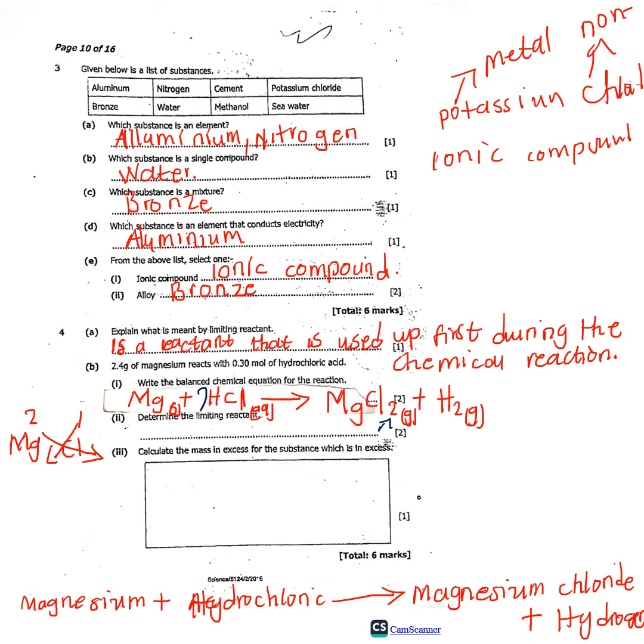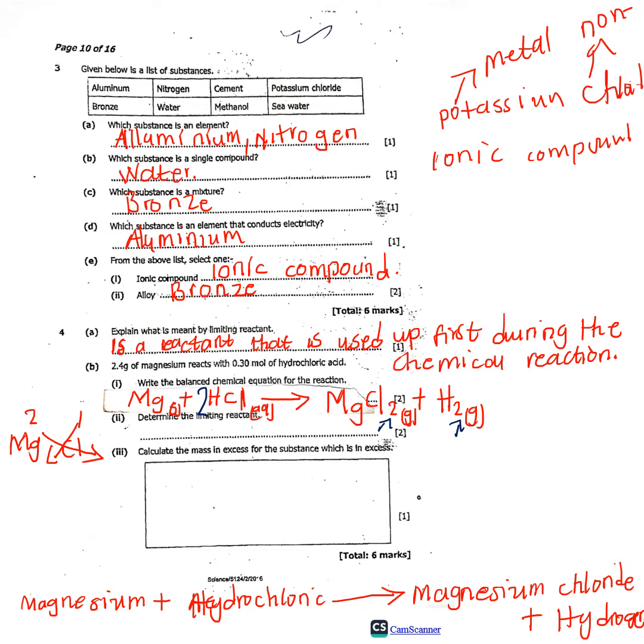So we put 2 in front of HCl so that we have 2 atoms of chlorine, also 2 atoms of chlorine on the product side. This 2 also affects the hydrogen, so we have 2 atoms of hydrogen, also 2 atoms of hydrogen on the product side. You can see that now our equation is balanced.